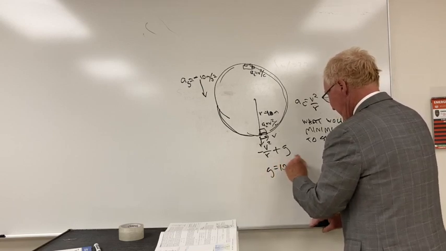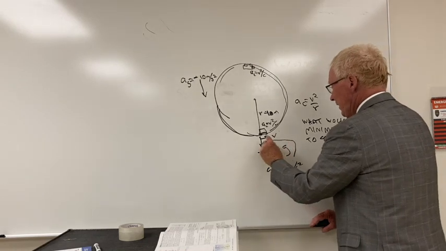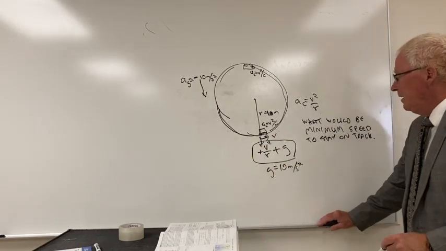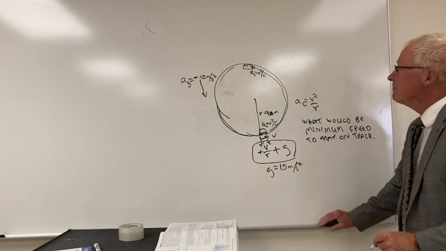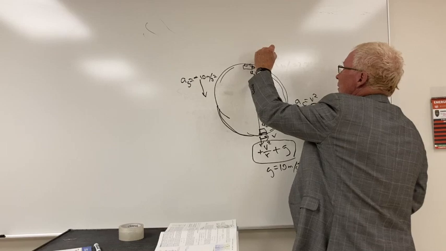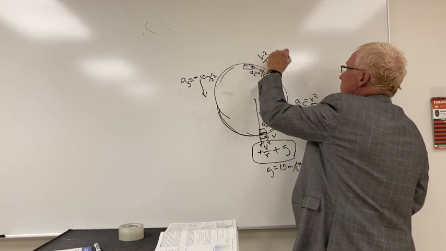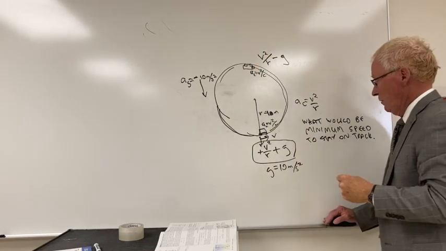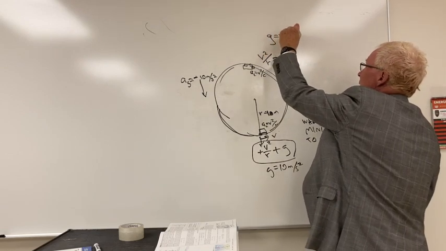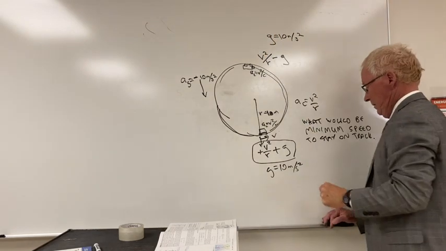We're going to take the absolute value. So this would be at the bottom, plus, that would be the acceleration field. If you're at the top, it's going to be v squared over r minus g, where g, again, is 10 meters per second squared. We take the absolute value.